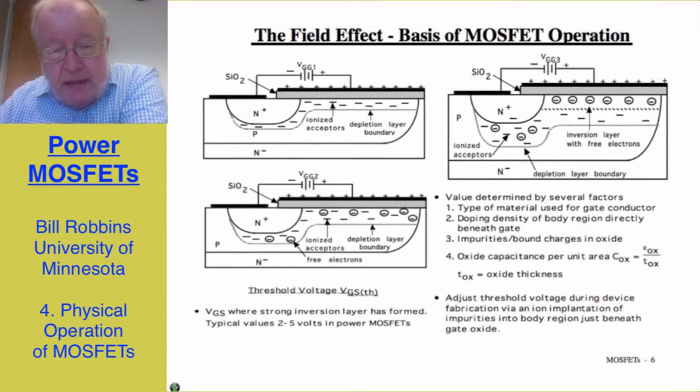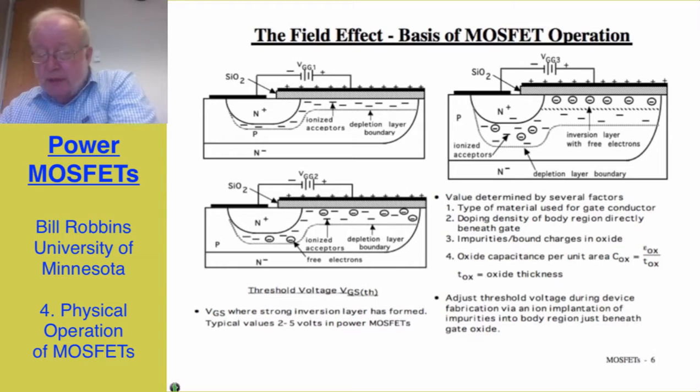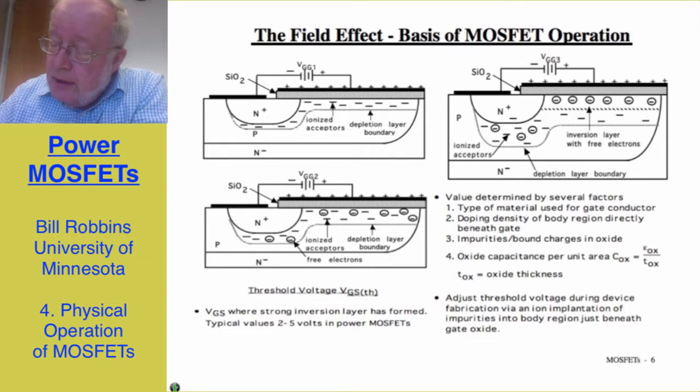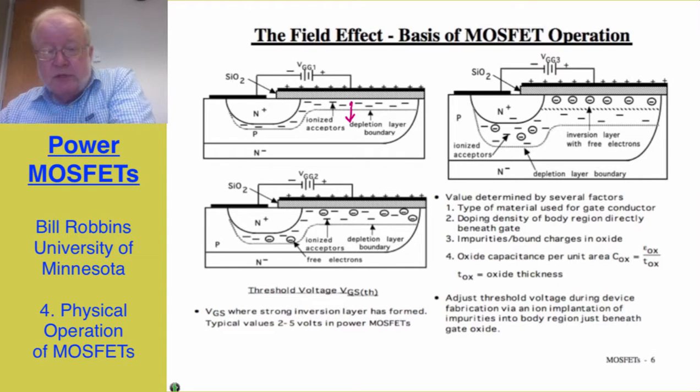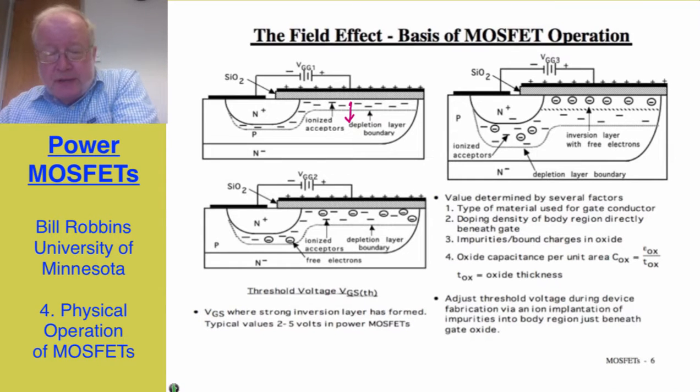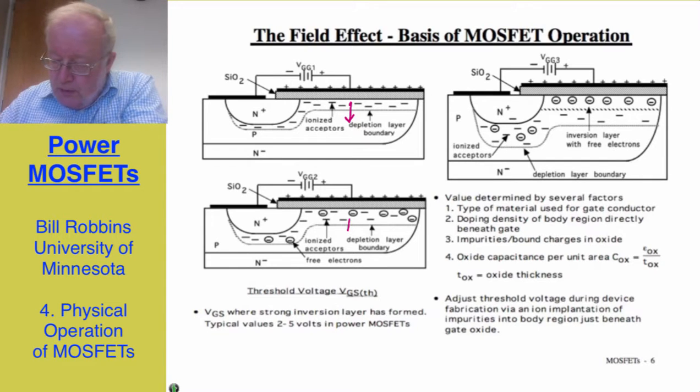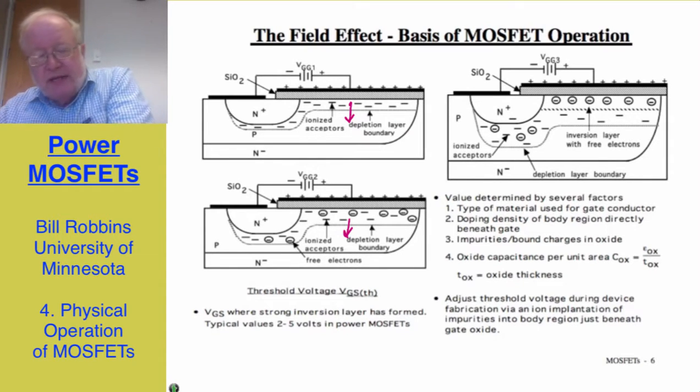Well, we can obtain that negative charge by creating a depletion layer and causing the depletion layer boundary to move downward, and thus exposing some of the ionized acceptor impurities which carry negative charge. If we increase the gate to source voltage, the depletion layer will grow more, but it can't grow fast enough in proportion to the increase in the gate to source voltage to provide all the negative charge.